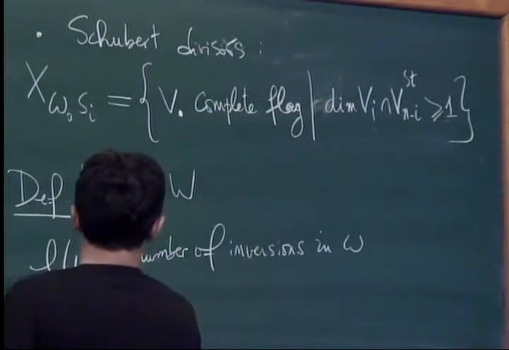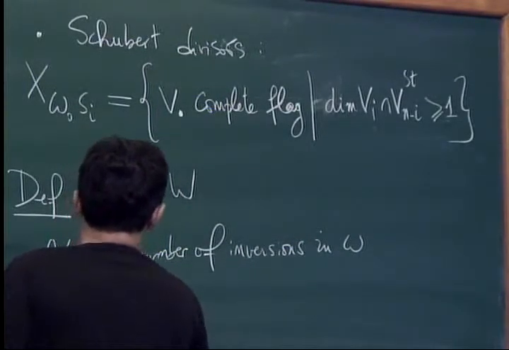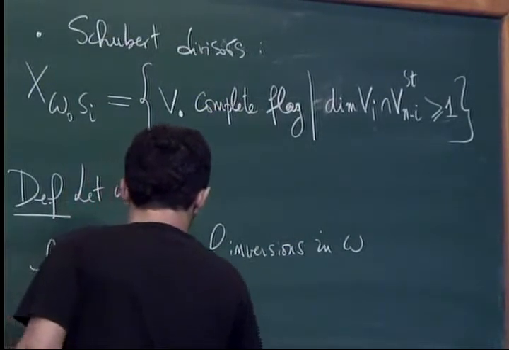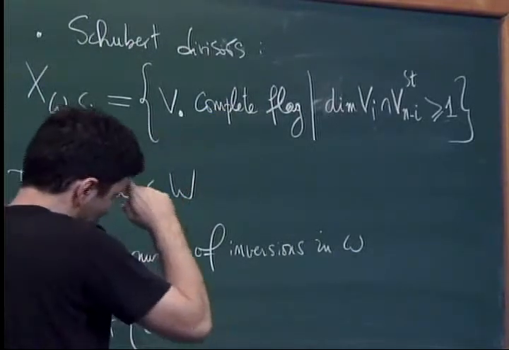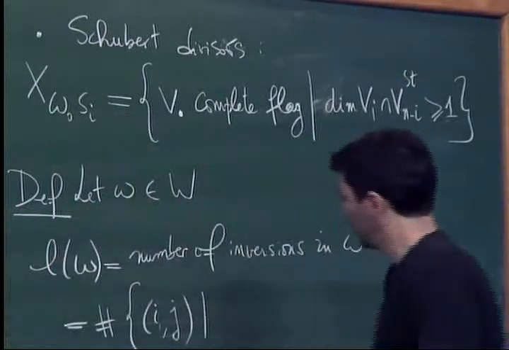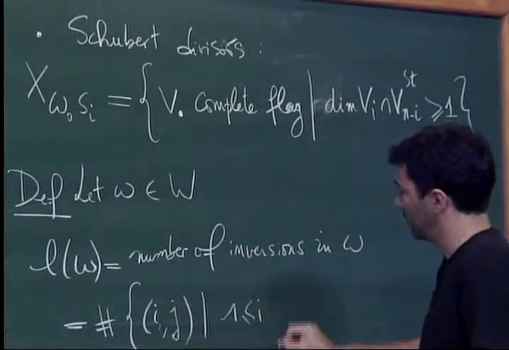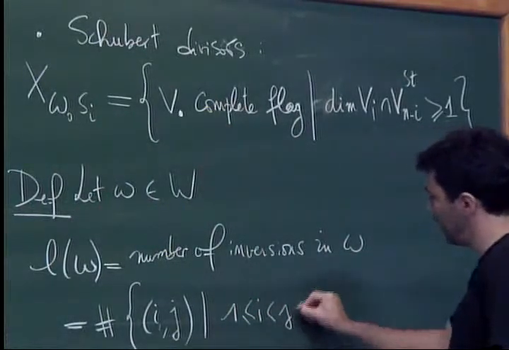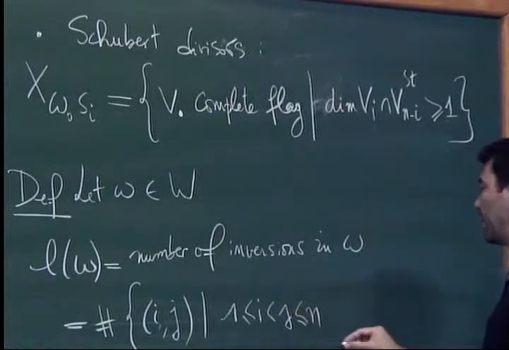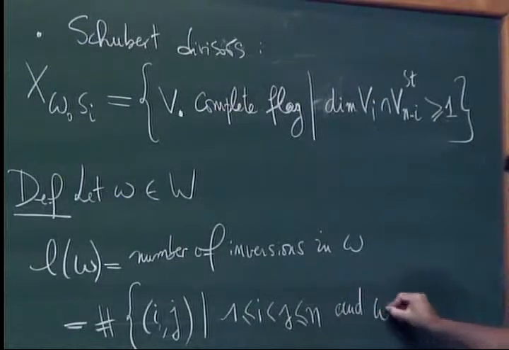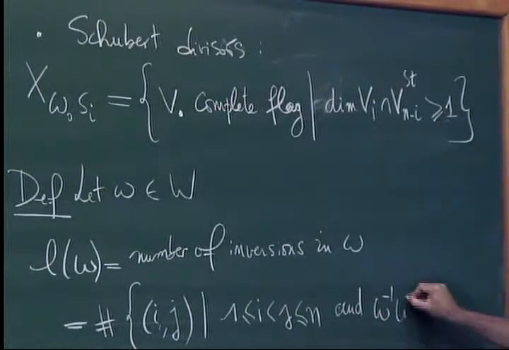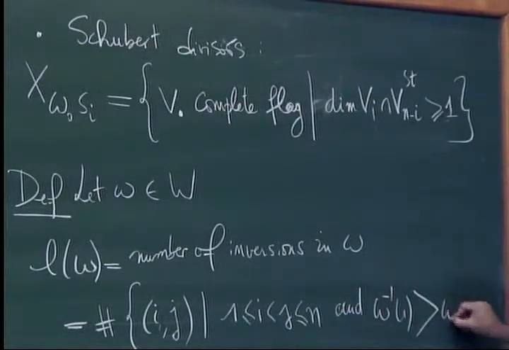That is, you count the number of pairs (i, j) with 1 less or equal to i, less than j, less or equal to n, and the preimage of i is greater than the preimage of j.